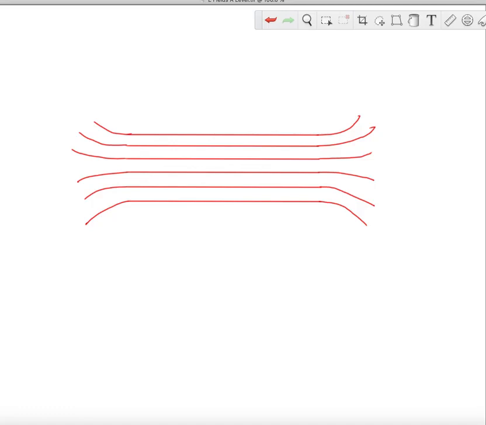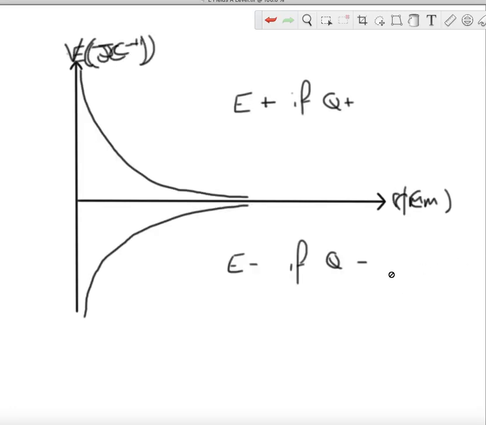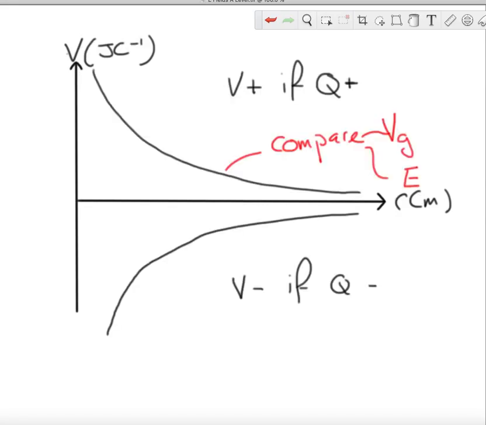So let's look graphically then at how potential varies. We said that potential was inversely proportional to the distance from the charge.